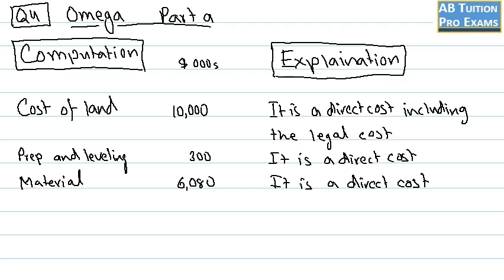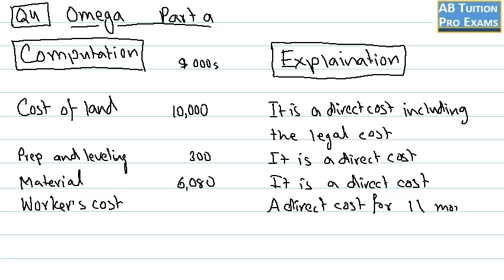We have workers' cost, a direct cost for 11 months. 200 multiplied by 11 would be 2.2 million.